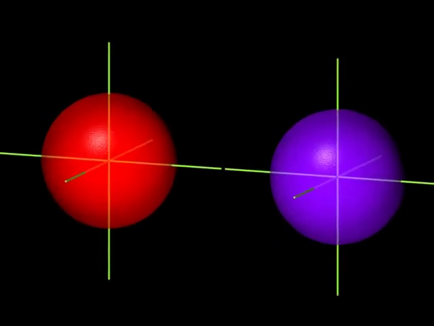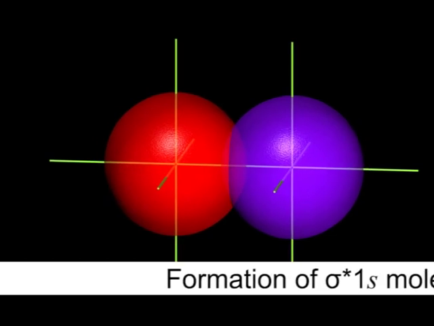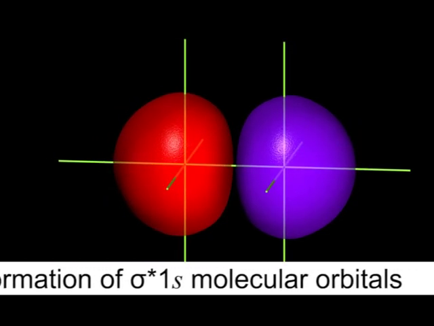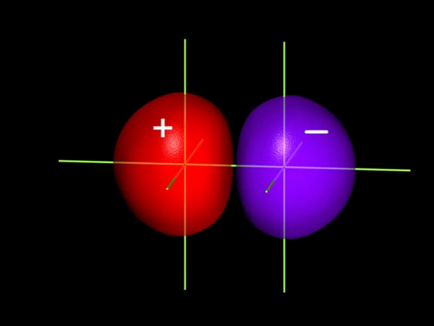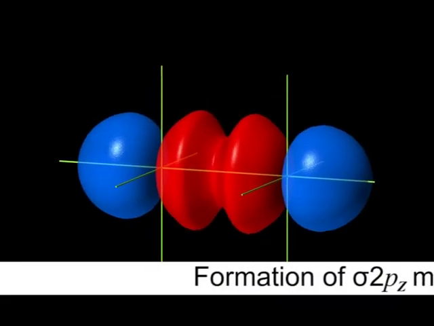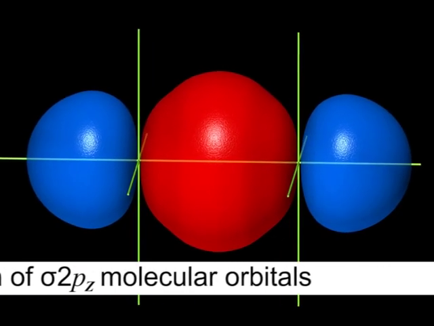Let us look at the image showing formation of sigma star 1s molecular orbitals. Here, two atomic orbitals with opposite sign of wave functions are shown in red and blue color. Let us look at the image showing formation of sigma 2pz molecular orbitals.